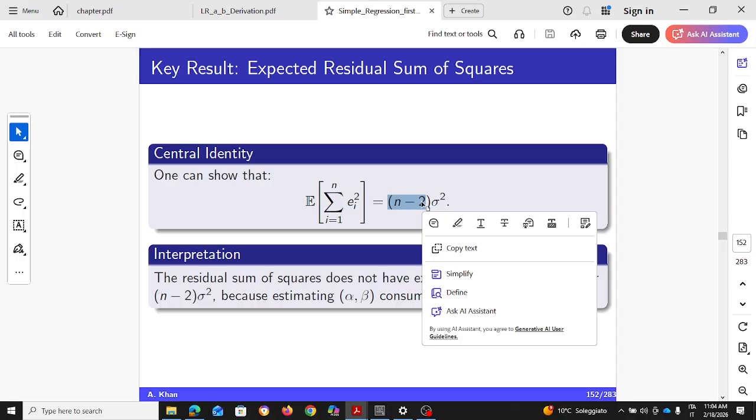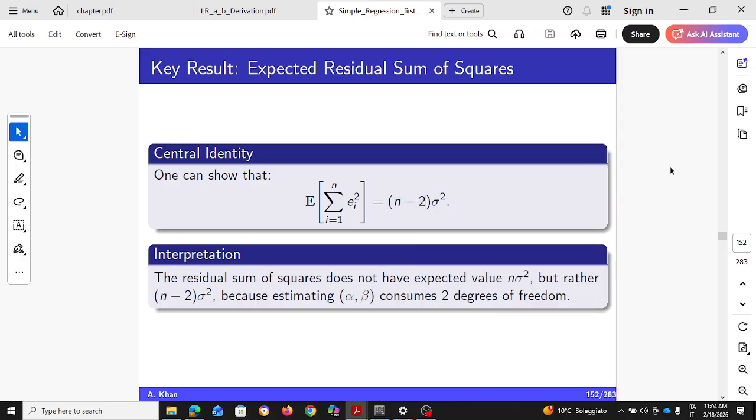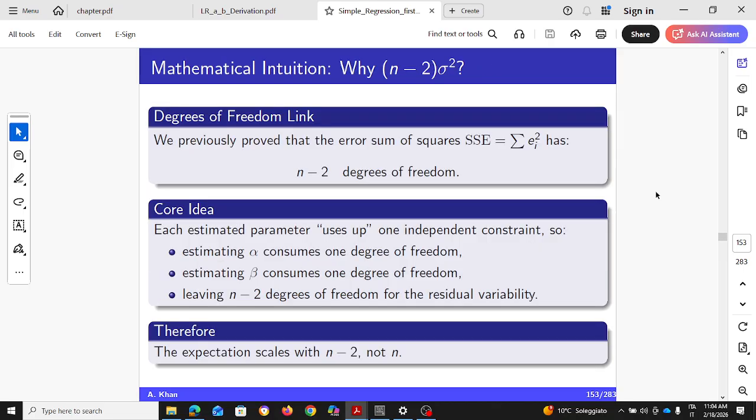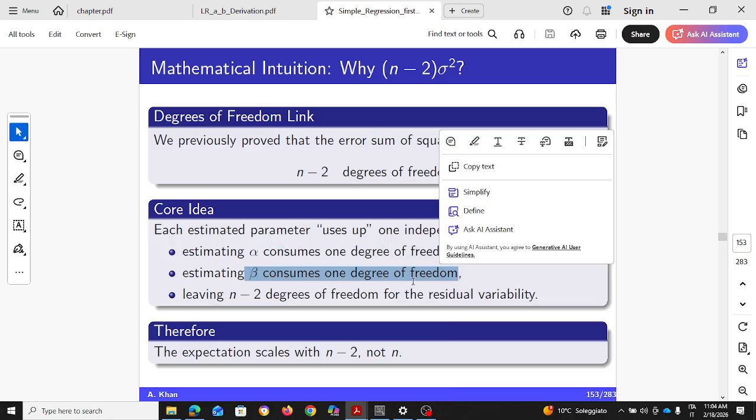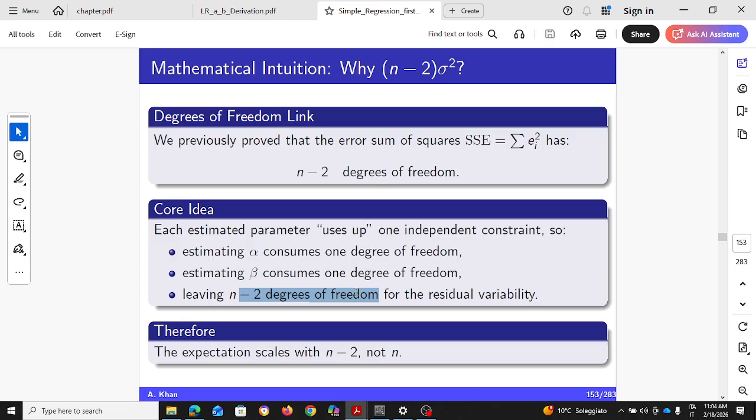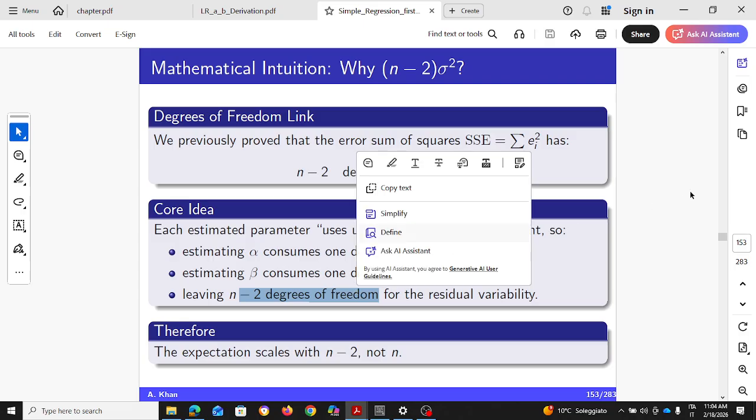In this way, our estimator is now unbiased. Where are these terms coming from? Estimating alpha consumes 1 degree of freedom, beta consumes the other degree of freedom, so we are left with n minus 2 degrees of freedom, not n.